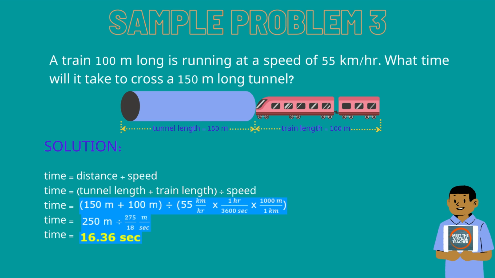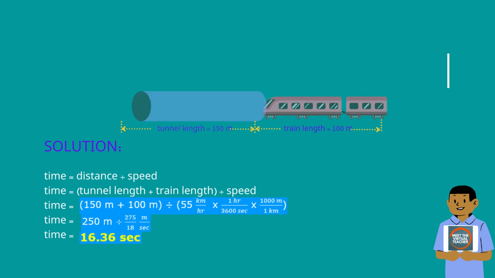So it will become 250 meters divided by 275 over 18 meters per second, which is equal to 16.36 seconds. Therefore, it will take 16.36 seconds for the train to cross the 150 meters long tunnel.